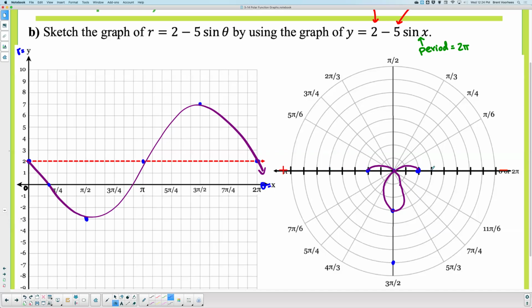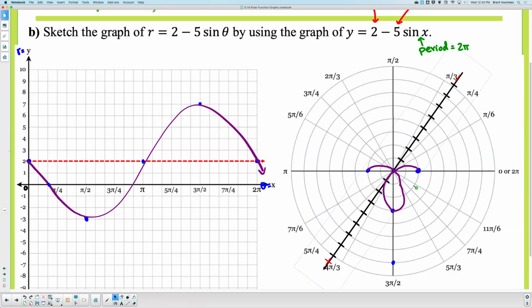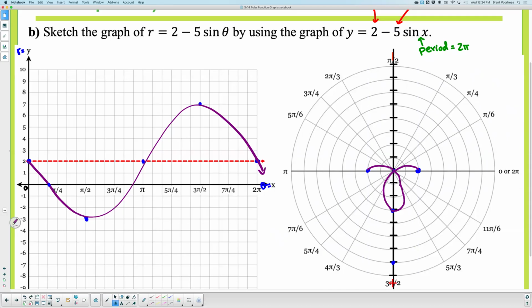To the left or to the right? To the left. It's going to keep increasing. That means if I follow my axis as I spin it, I should keep going further and further this way, so my graph is going to be getting longer and longer. It's going to curve out in that direction. So it would look like this. It's going to curve out and hit right there.